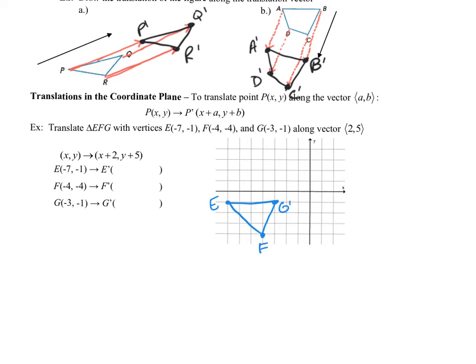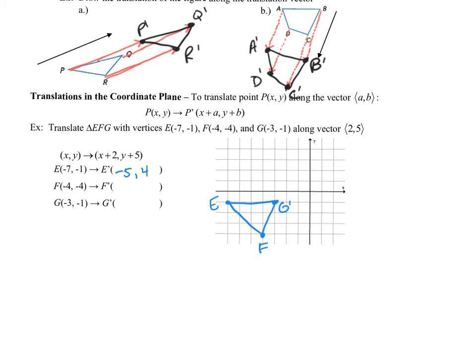Now, we're going to translate it along this vector. So we're going to use the rule. Every point x, y will become x plus 2, y plus 5. In other words, we just need to add 2 to the x value and add 5 to the y value. So that means that point E, -7, -1 will become, let's see, -5, 4.